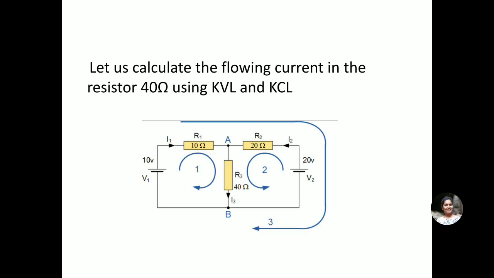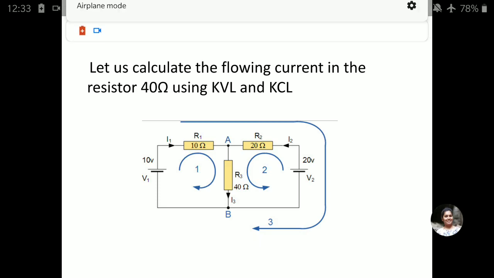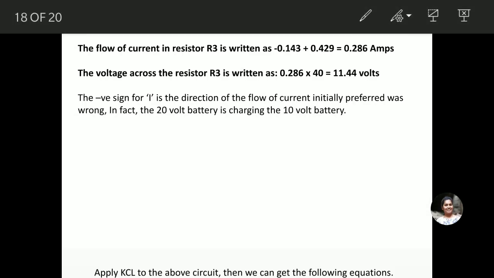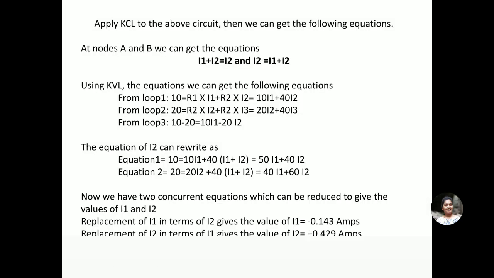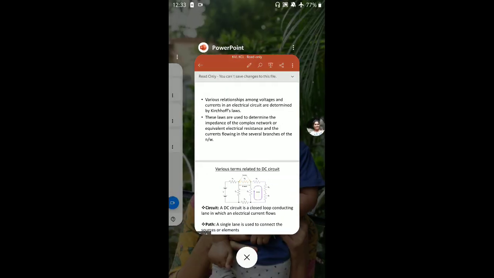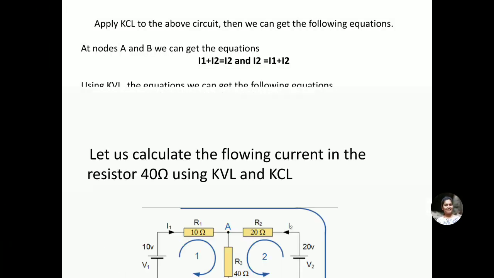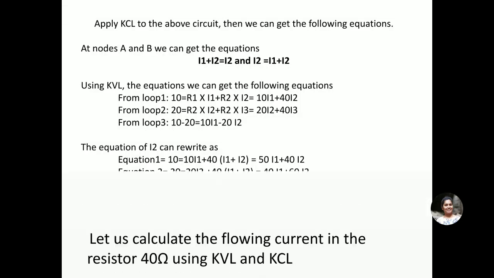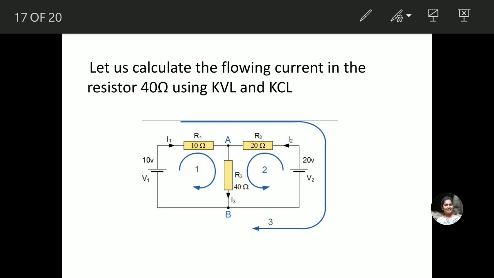At node A, based on KCL, the incoming currents are I1 and I2, and the outgoing current is I3.